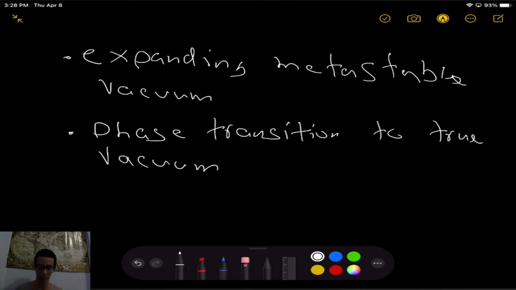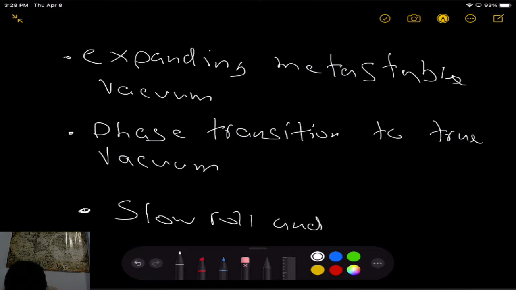The second is the phase transition to the true vacuum state. And then the third one is called the slow roll and reheating. And we're going to go through these one by one and talk about what each one means.